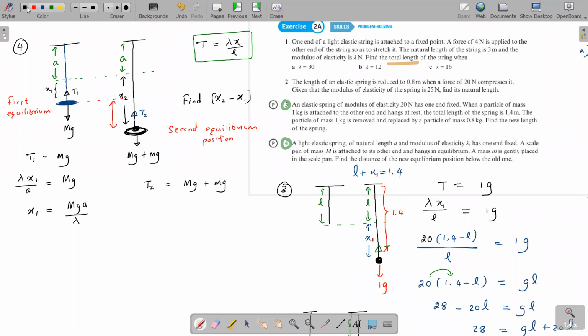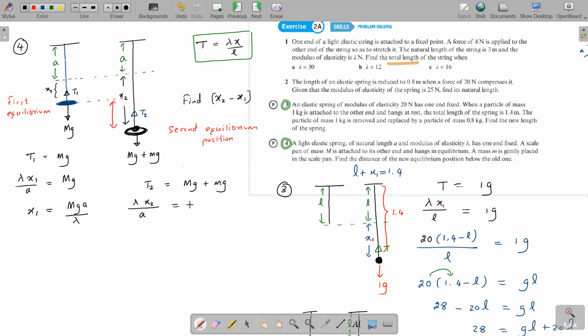So what is the lambda value? Lambda is unknown. X is x2, the extension, because x is always the distance that the string has stretched beyond its natural length. So natural length A, this entire distance is the extension. I have taken it as x2. So lambda x over natural length, and the natural length will not change.